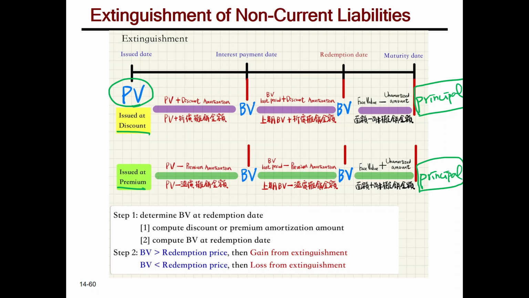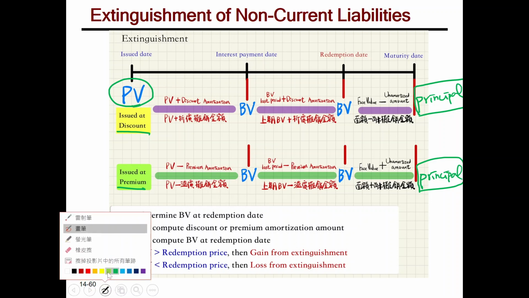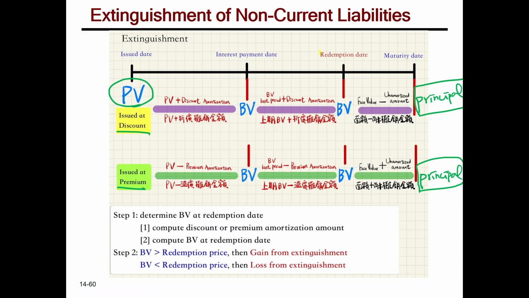Okay? So after you've done discount, premium, amortization each period, that's how we find out your book value at redemption date, 赎回日. So that's how we find out our book value at redemption date.